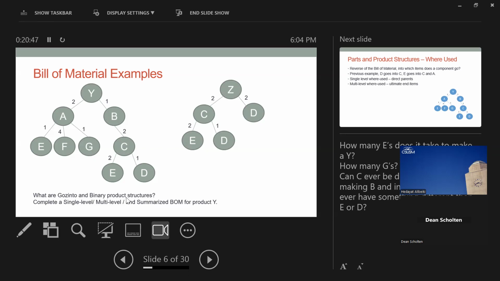And then 2 E's go into 1 C. 2 C's go into 1 B. And 1 B goes into 1 Y. So 2 times 2 times 1, 4 E's go into Y through B, through this line. With 2 through A, that's 4 plus 2, total 6. Some go on this path, some go on this one, 4 go on this one, total 6.